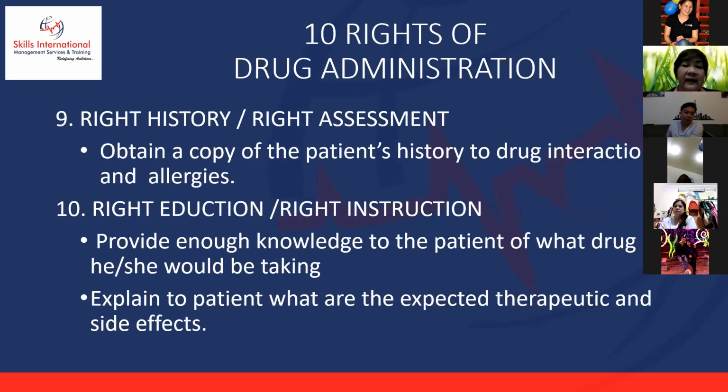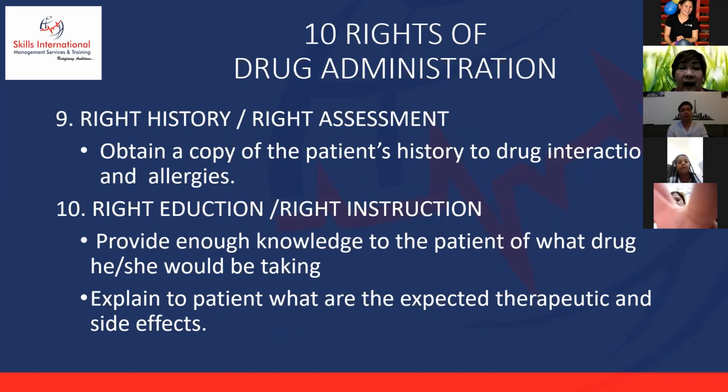Number 9 is the right history, right assessment. You have to obtain a copy, or if not, you have to know from the doctor that the patient has an allergy to seafood. So the patient could not take any seafood.